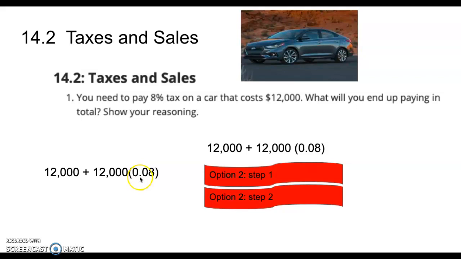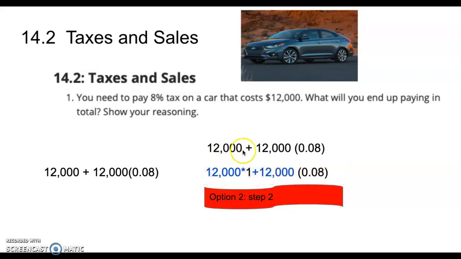So 12,000 times, change your 8% to a decimal, which is 8 hundredths. And you guys can put this in your calculator and get the answer. The 12,000 is the original amount, and when I multiply that 12,000 times the 8%, I'll get the tax I have to pay. That's option 1, the way you started it.